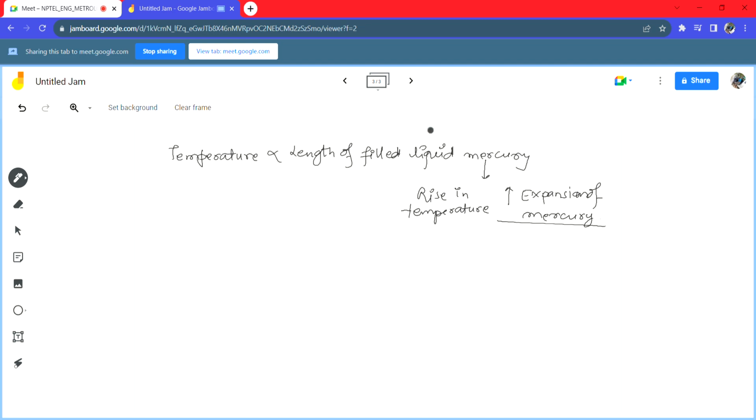The word is transduction. The elements are called transducers and the phenomenon is called transduction. So this transduction happens, and with rise in temperature, as soon as the temperature rises, what we get is the expansion. And this itself is a physical variation.